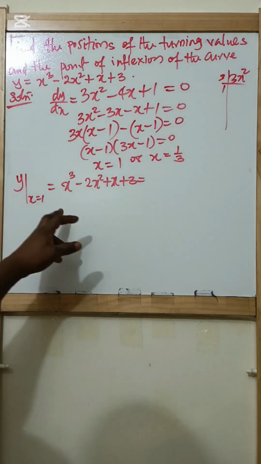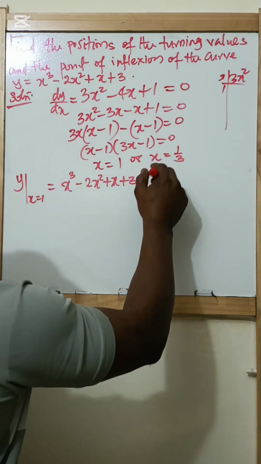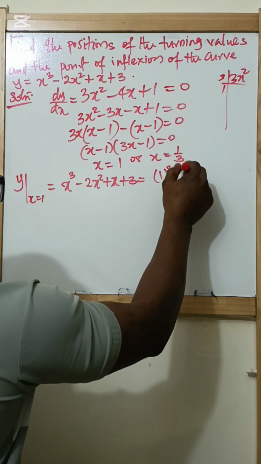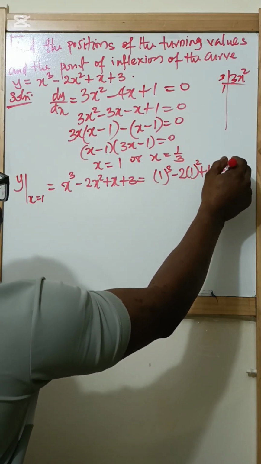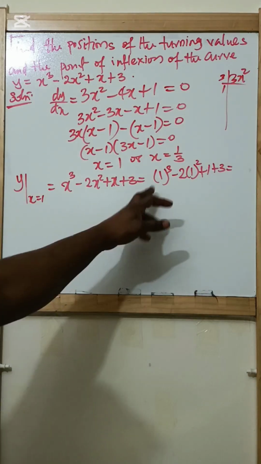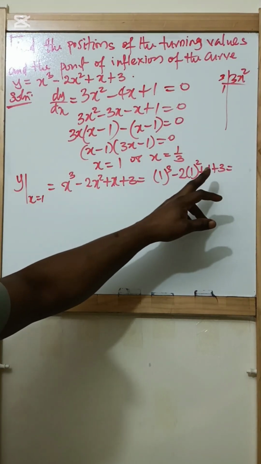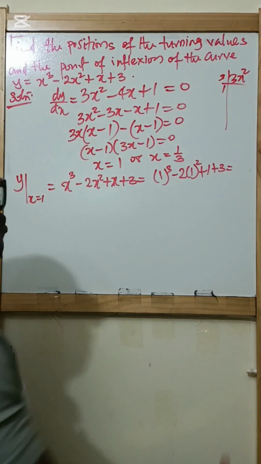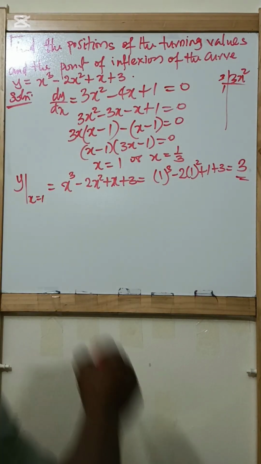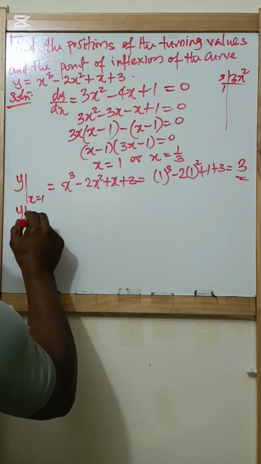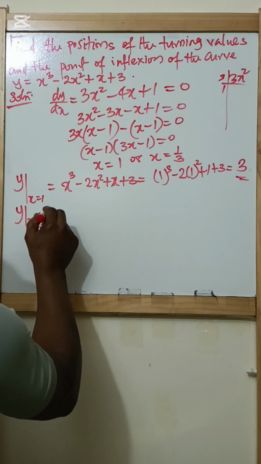When you introduce 1 here, you have 1 cubed minus 2 into 1 squared plus 1 plus 3. So that is 1 minus 2 plus 1 plus 3, so we are left with 3.